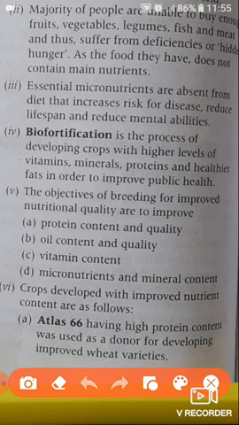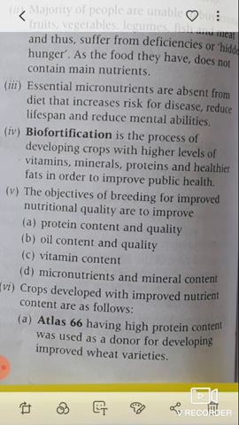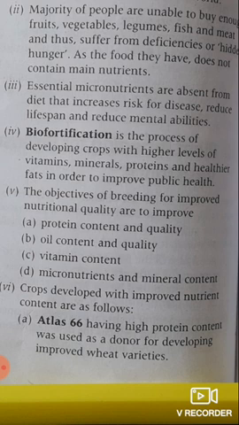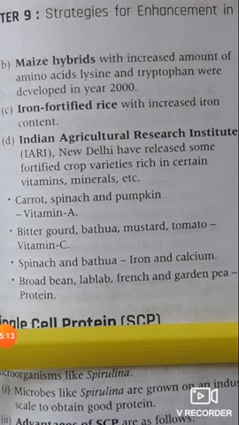Generally people say wheat contains only carbohydrate, but with the help of biofortification there are different things. Atlas 66 has been used as a donor for developing wheat varieties with improved protein content. This type of variety contains a large amount of protein. After that there is another example, a maize variety that was also developed.